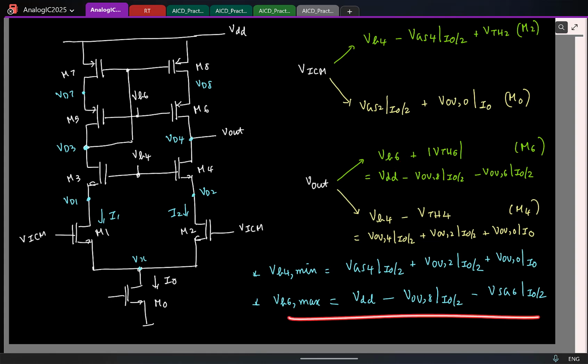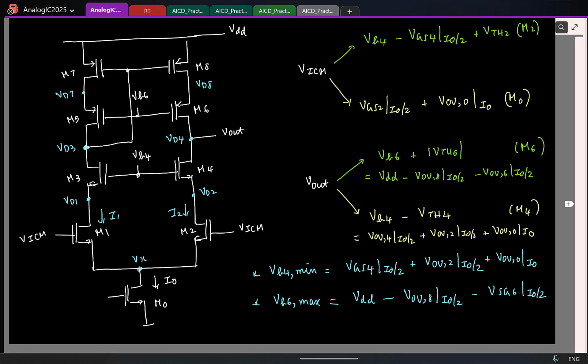If VB6 is not this value and something else, then it will be that something else voltage plus mod VTH6. The point to notice, I have free control on the gate voltage here. That's why we are able to make this claim. Is it clear? Okay.